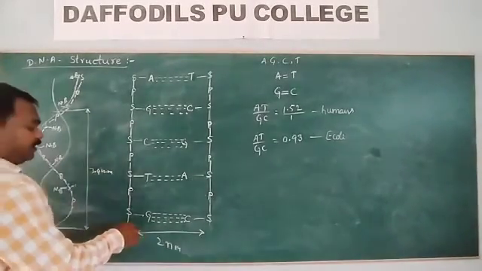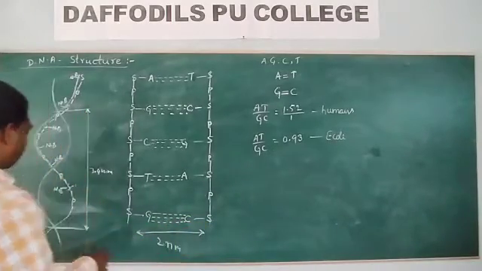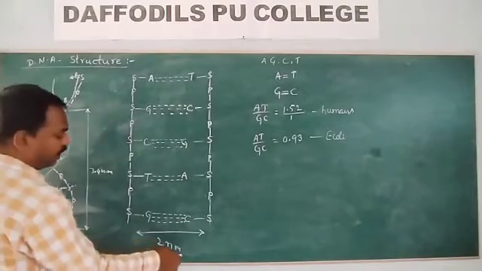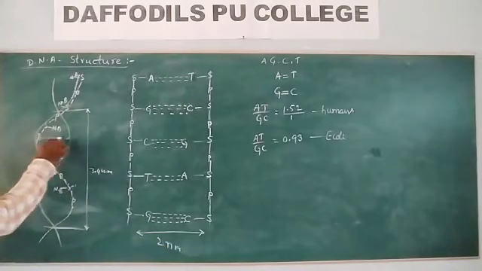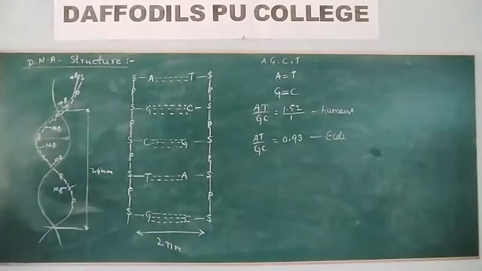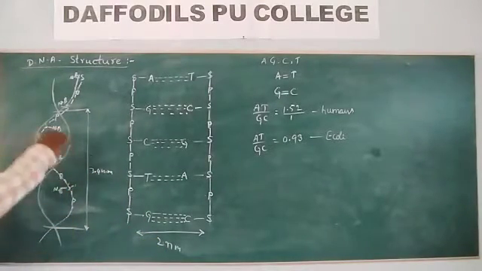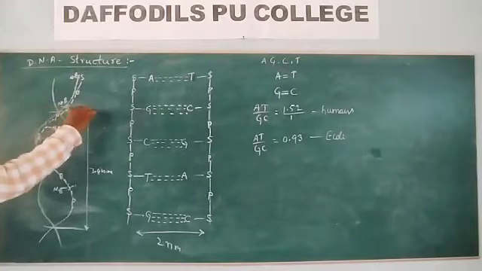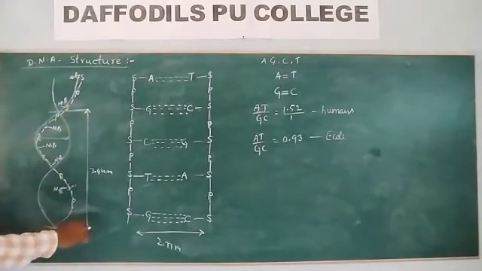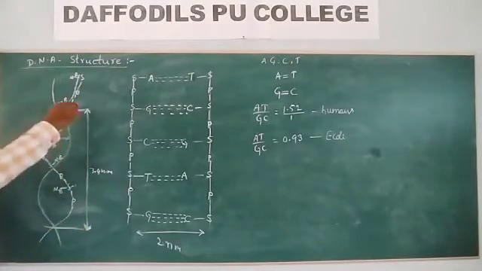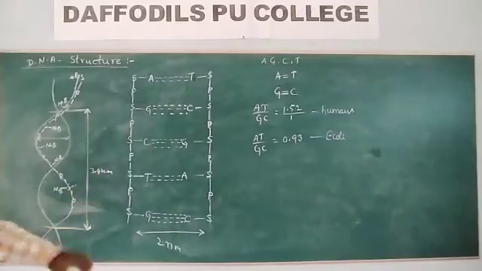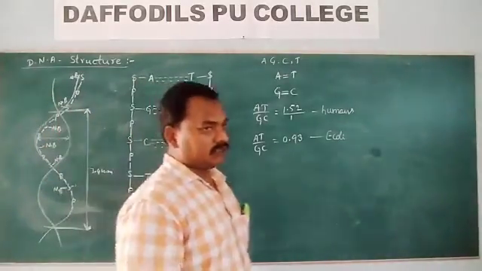Now look at here, the diameter of this double helical is 2 nanometers. The distance between these two strands is 2 nanometers. And the length of the complete 360 degrees rotation of this DNA structure is nearly 3.4 nanometers.